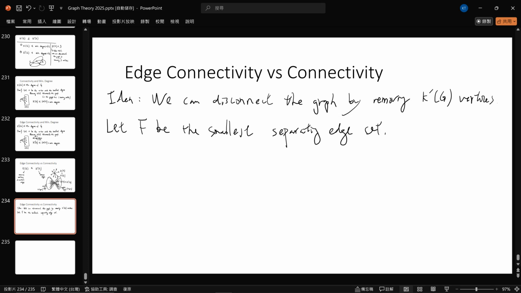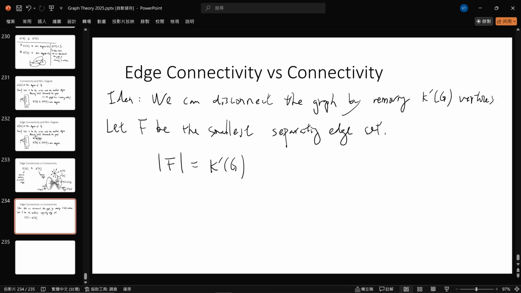Recall that we've defined the term separating edge set. This is an edge set such that if you remove it, you disconnect the graph. Let's use F to denote the smallest separating edge set. So we know that the size of F is kappa prime G, because kappa prime G is the smallest number of edges that you need to remove to disconnect the graph.